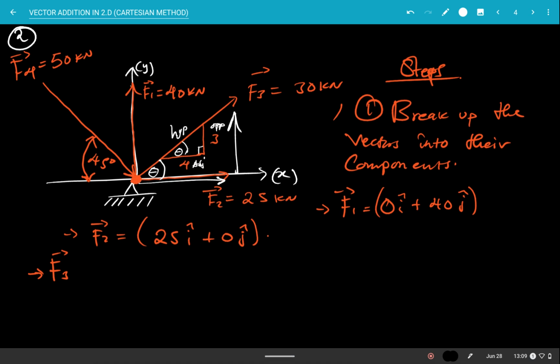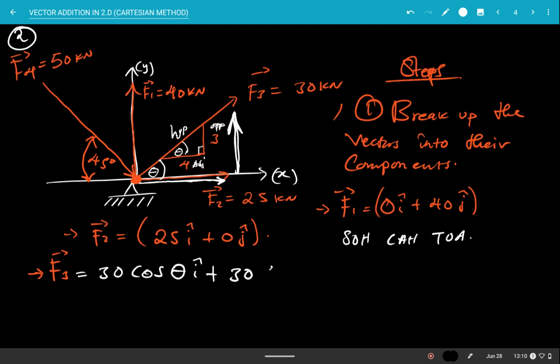So using the trig ratios, SOHCAHTOA, we know that if I needed to find the component acting in the i here, it's going to be the magnitude, which is 30, times cos theta in the i, then I'll be going upwards like that, which will be plus 30 sine theta in the j.